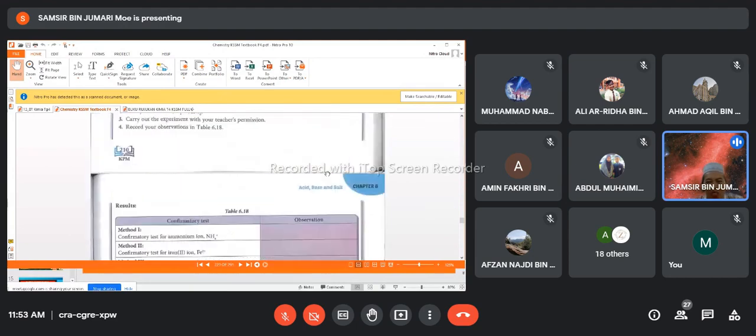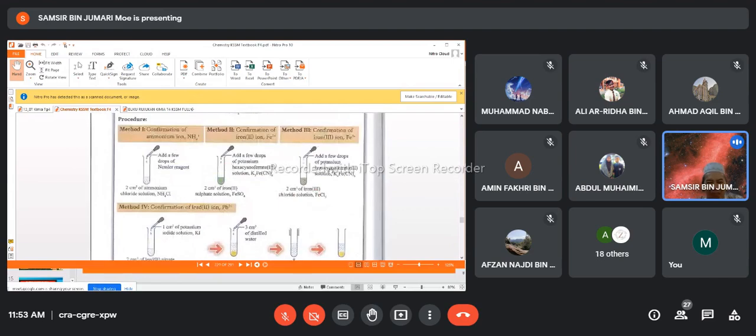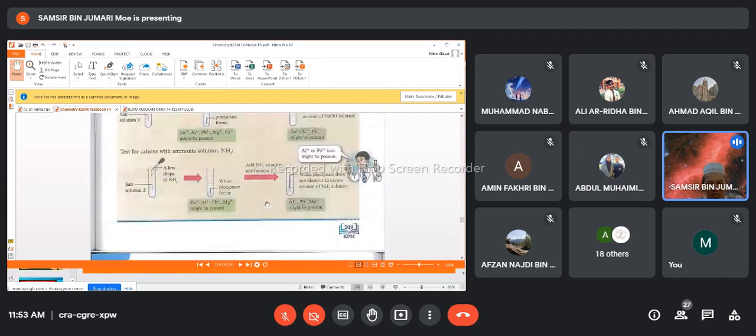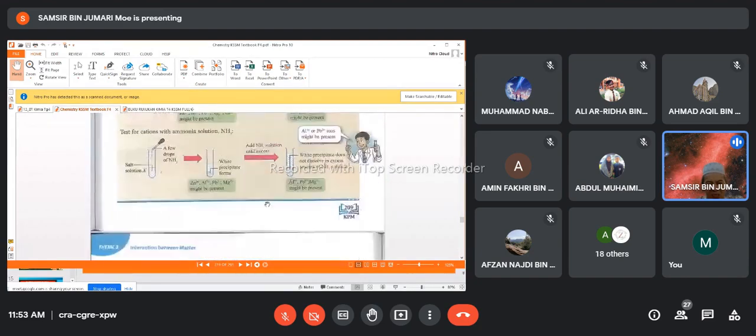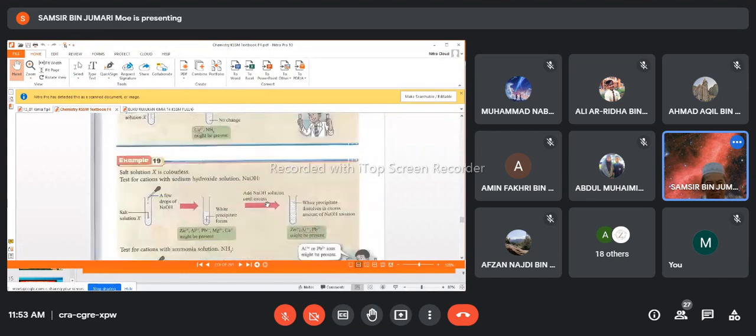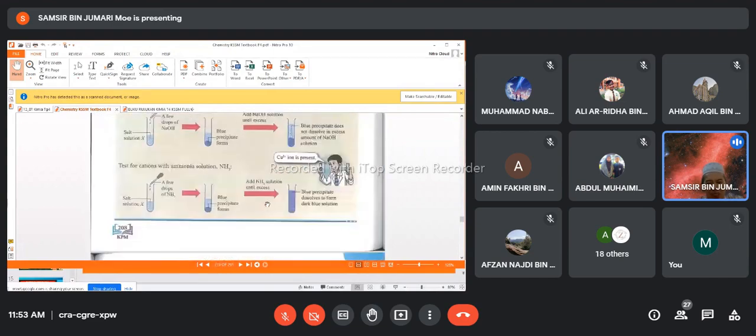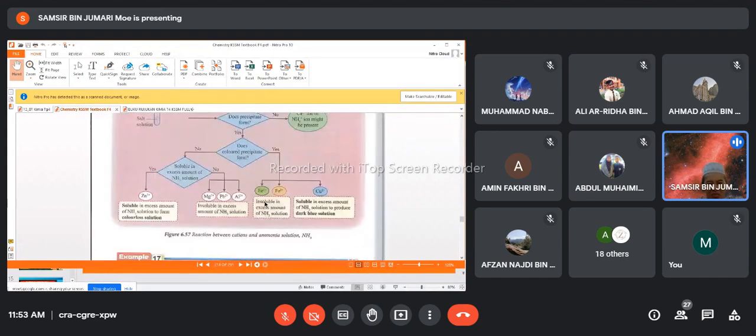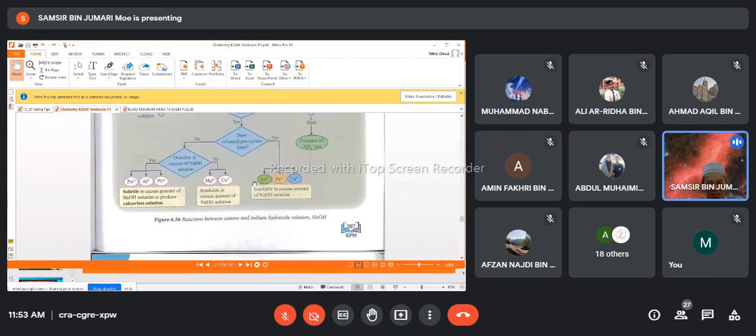Kalau ammonia aqueous solution ni, biasanya dia akan menghasilkan gas ammonia bila kita panaskan. Contohnya macam ni.